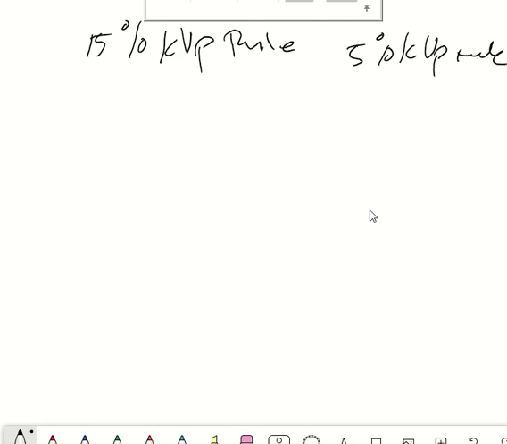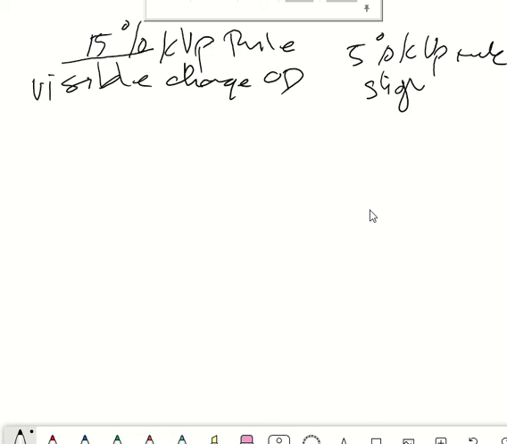So, if you want to see a visible change sa optical density, you have to do the 15%. You have to follow the 15% rule. So, pag slight change lang ang need mo sa OD or sa optical density, you need to apply the 5% kVp rule.